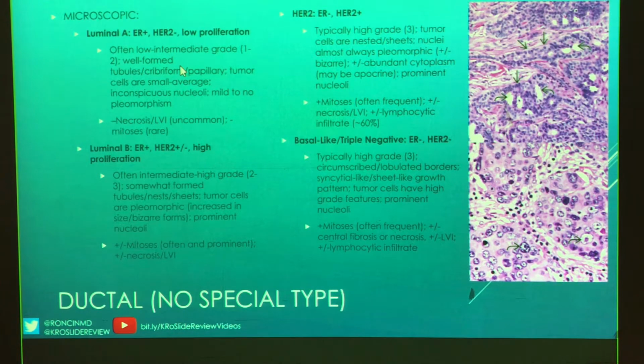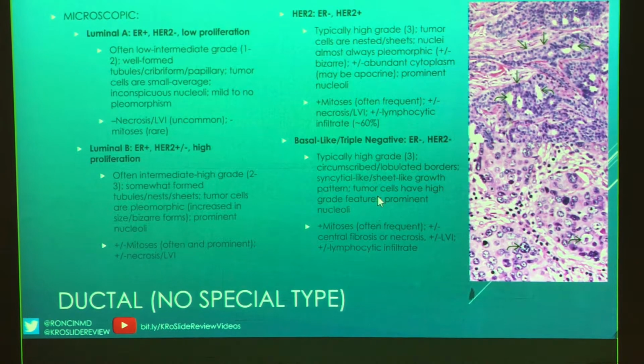Your luminal A should not have HER2 positivity. Your HER2 positives, by virtue of the name, do not have hormone receptors, so you should not see ER, PR positivity in those, and these tend to be high-grade tumors. Your basals are almost always grade 3 tumors. They're going to be very scary looking. All this down here, this is grade 3.